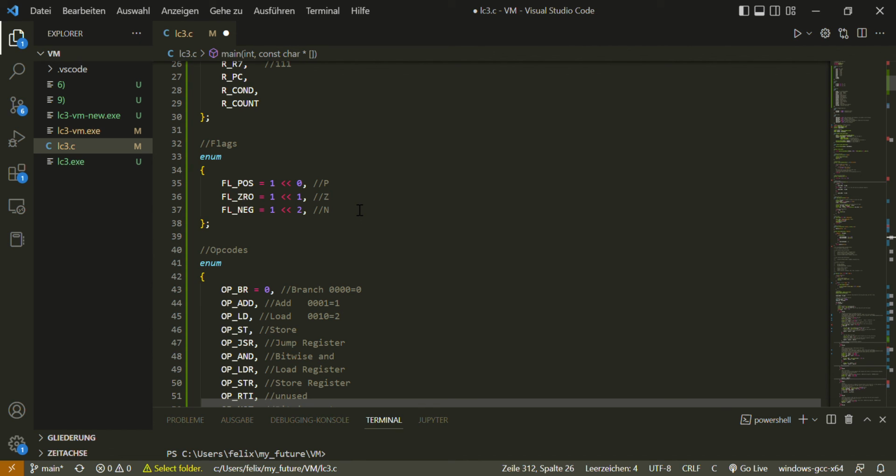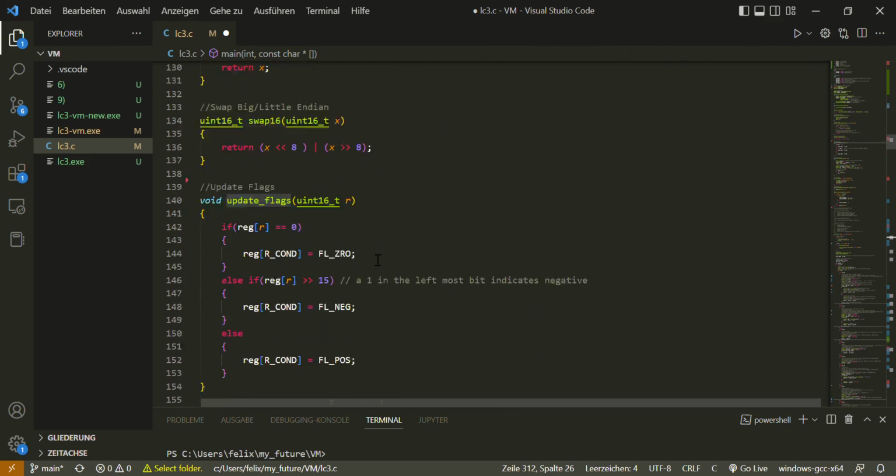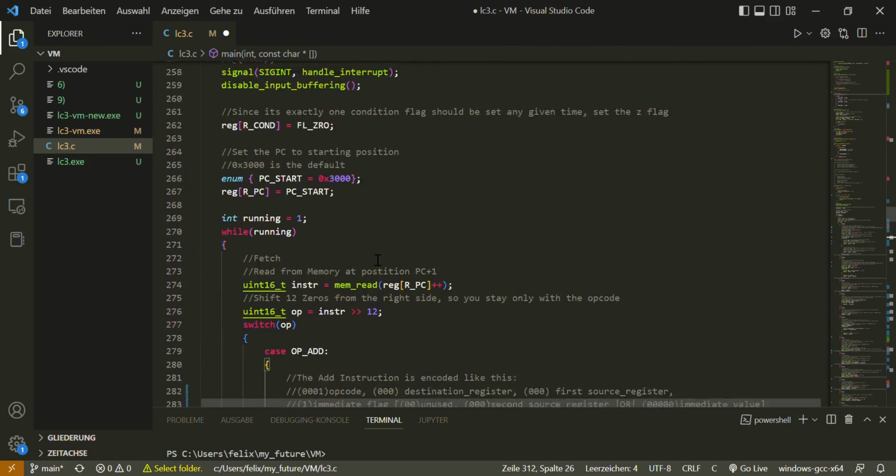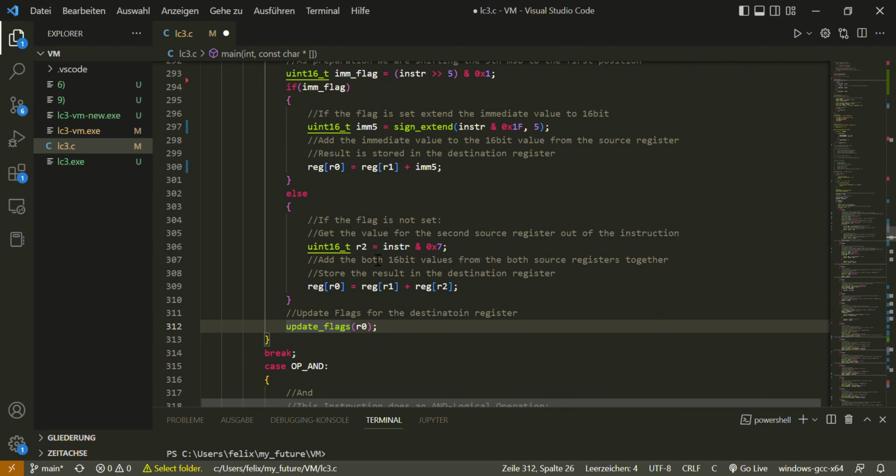If the last operation has returned a positive value, the flag register is set to positive. If it was 0, it's set to 0, and if it was negative, it's set to negative. And that's it. Nothing more to talk about, nothing more to think about, just information that is very useful sometimes.